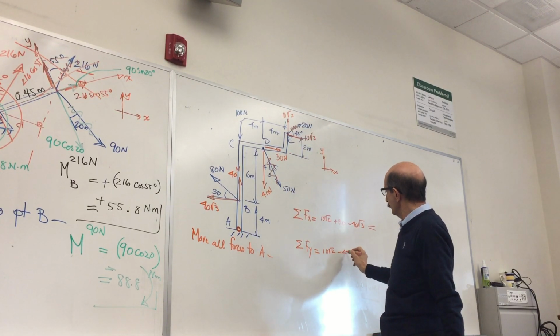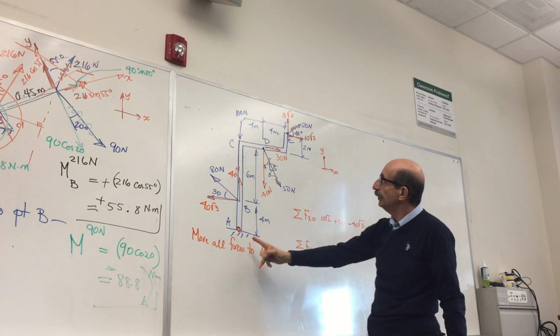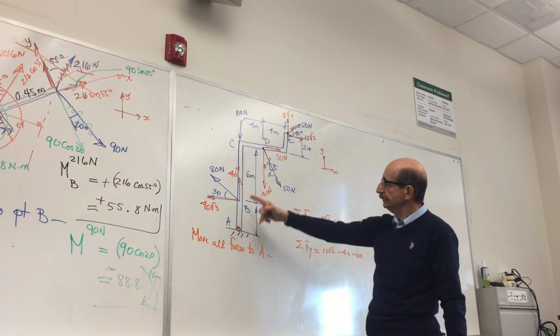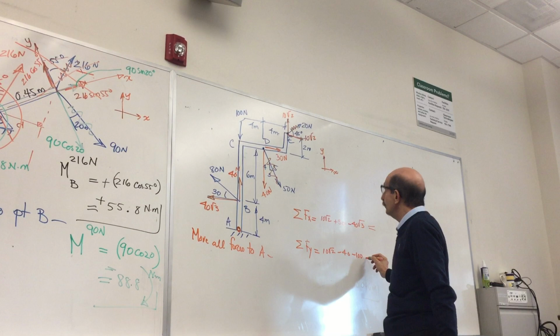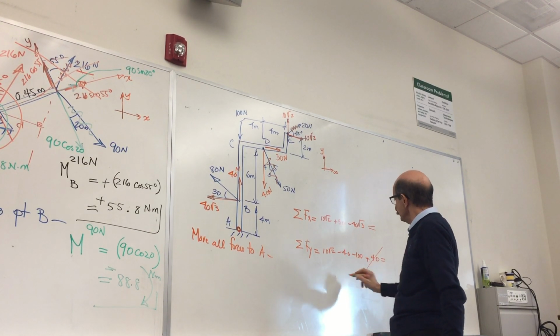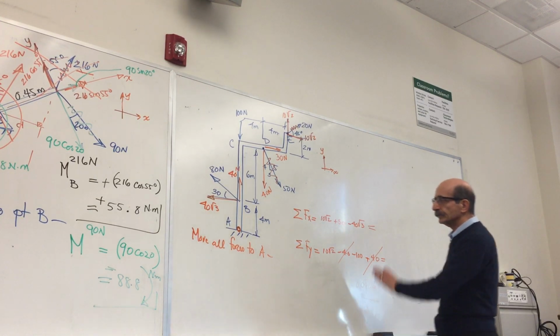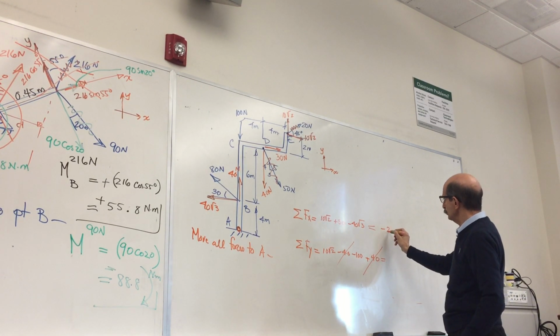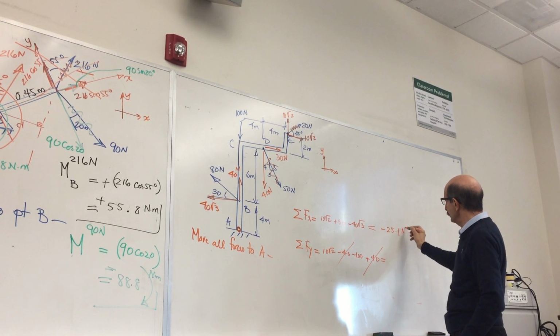Negative 40, negative 100, positive 40 is equal to this, and this cancels out. So what is this one? Negative 25.1. Yeah, I got that too. 25.1, thank you.